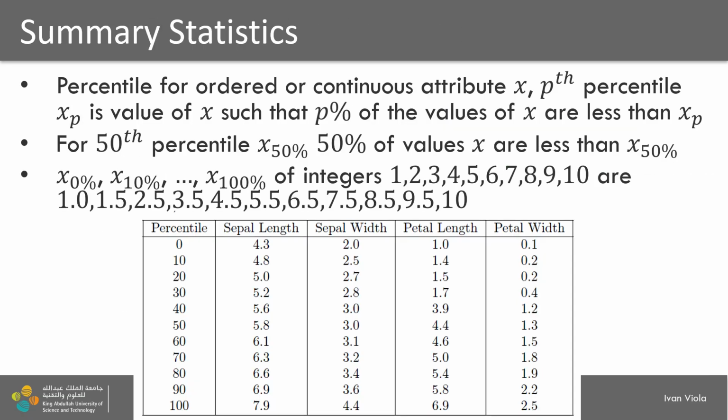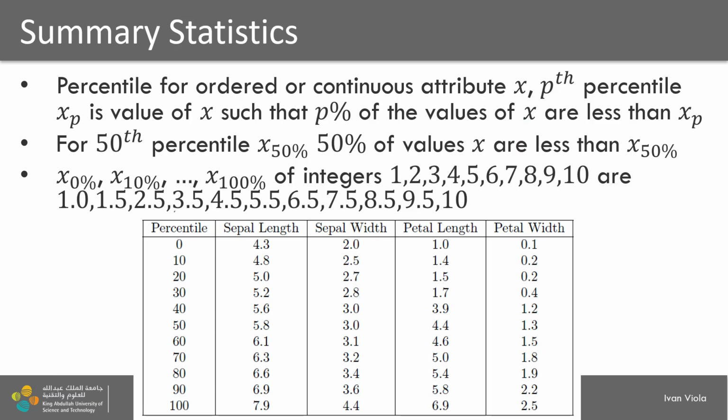So let us define another summary statistic after we already defined the frequency and the mode, and the next one will be the percentile. Percentile is, for an ordered or continuous attribute x, the pth percentile, xp, is the value of x such that p% of the values of x are less than xp.